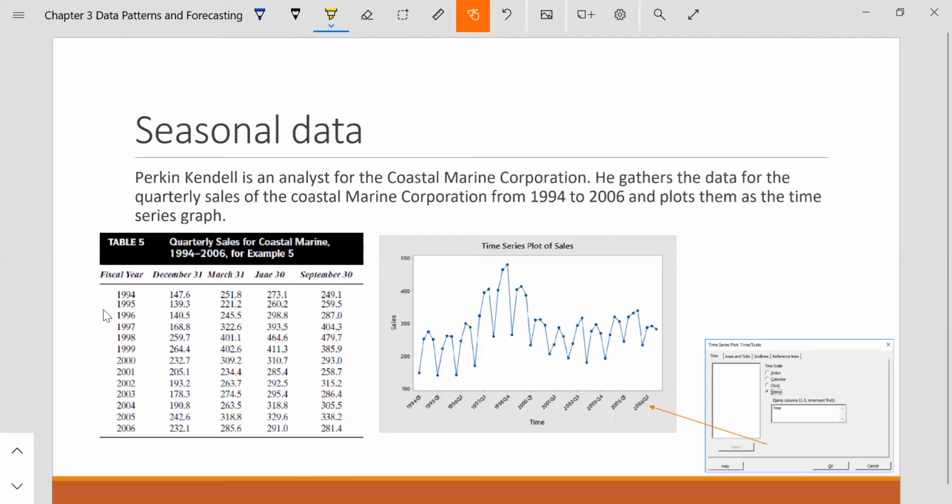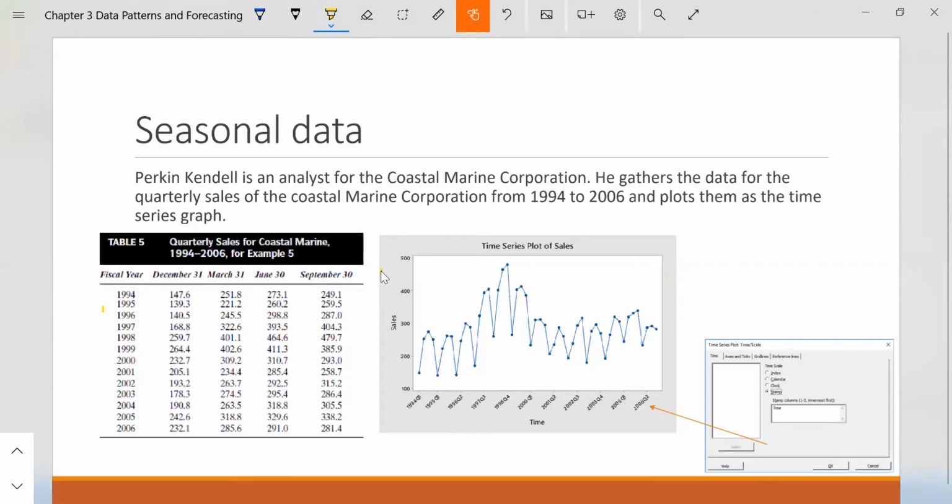The table on the left shows you the actual data, and the graph in the middle is the time series plot of the sales.